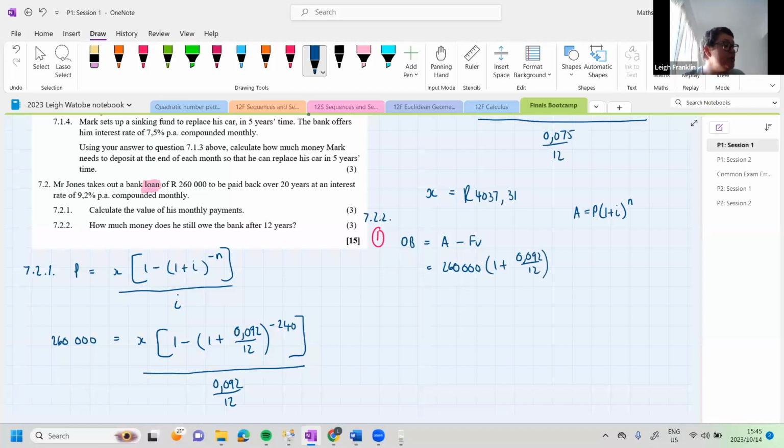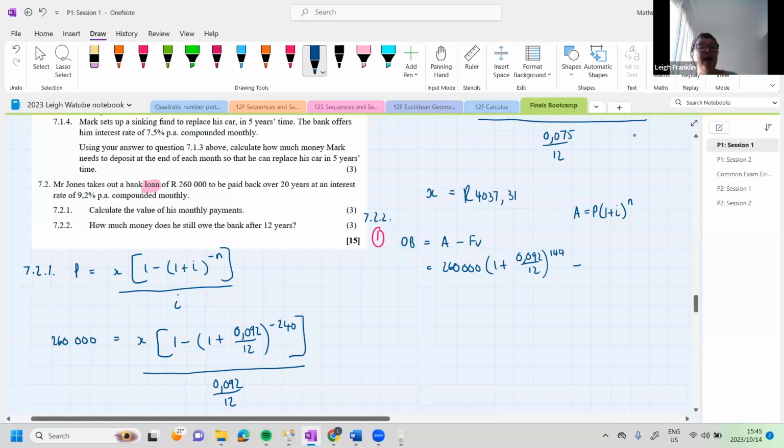And now we need to know how many payments he's made at this point. He would have made 12 years' worth of payments every single month. So it's going to be 12 times 12, which would be 144. That's it.